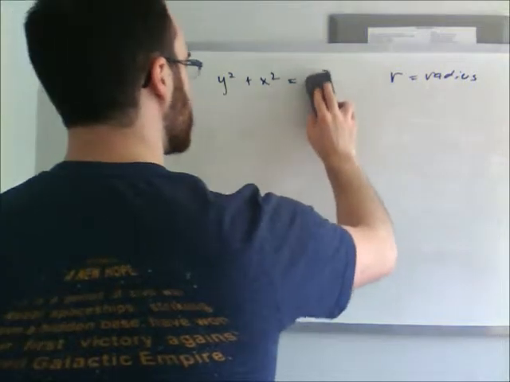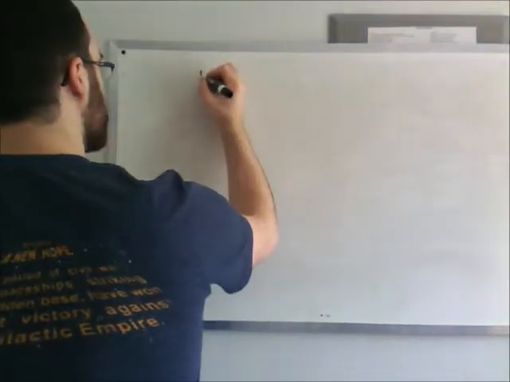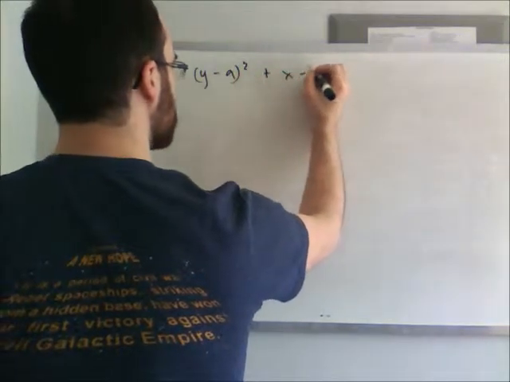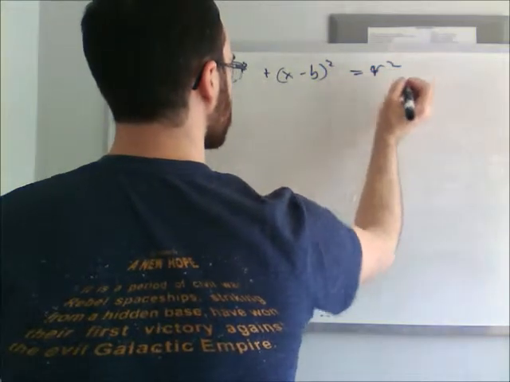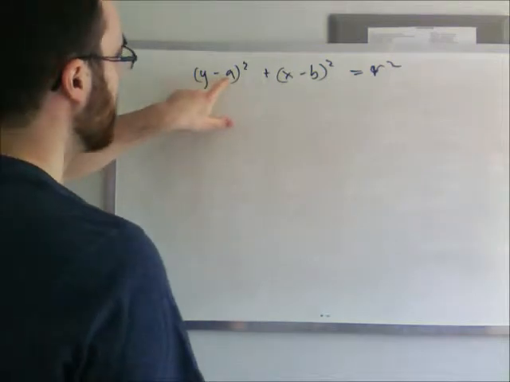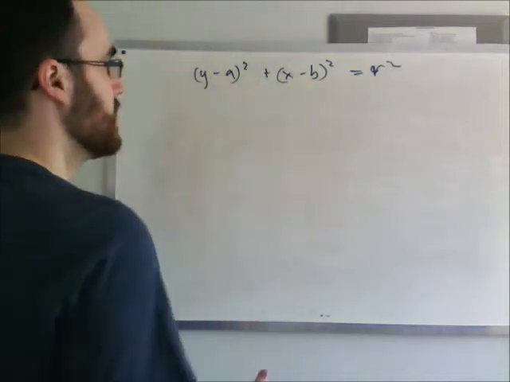Let's talk about if there's any sort of translations here, such as y minus a squared plus x minus b squared equals r squared. So a is the translation in the y, b is the translation in the x.